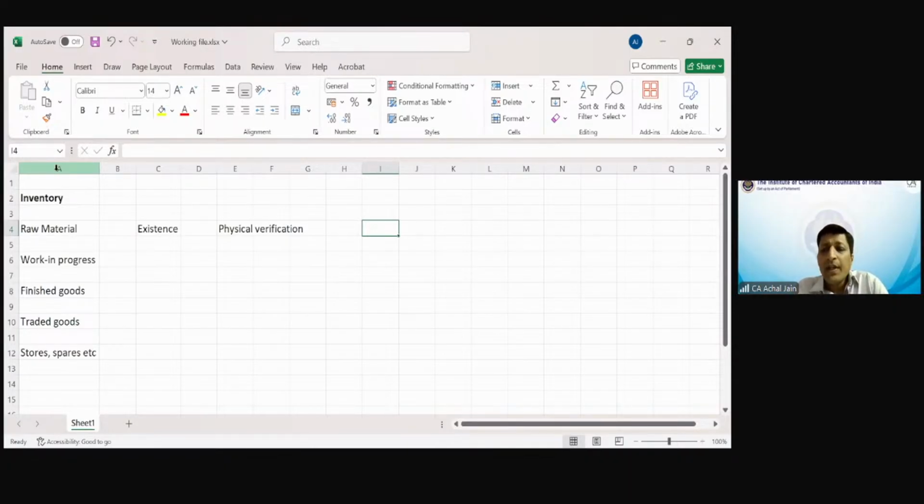So in such a case, what do you do? How do you think this physical verification will be performed? Because how will the auditor go and physically verify that? Okay, so that's a question. So let's take a situation.